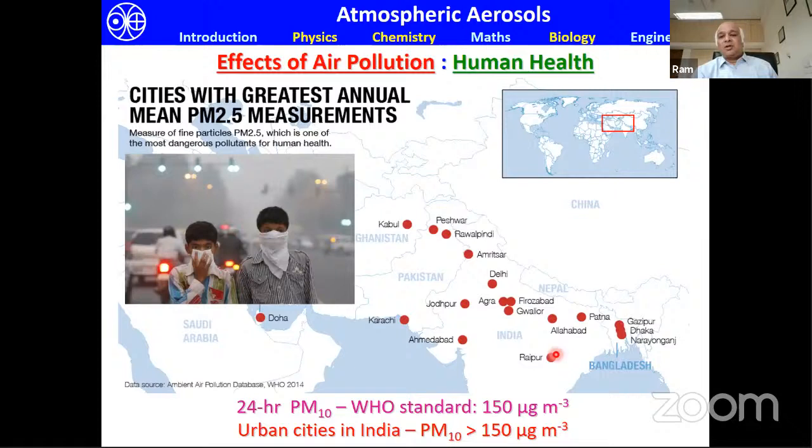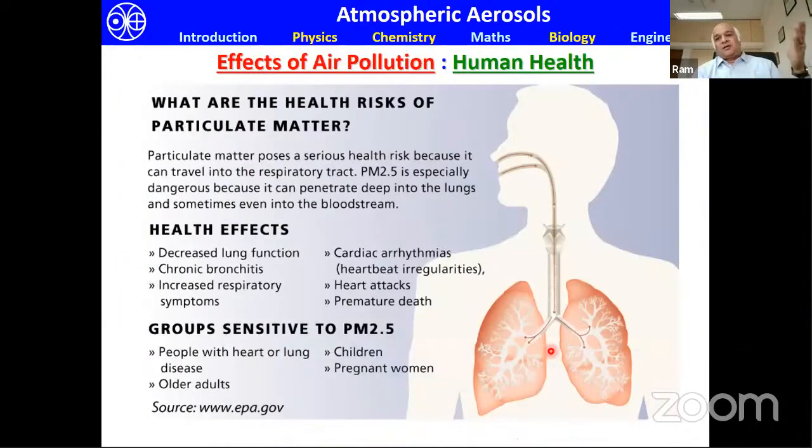So almost all the major metropolitan cities have aerosol concentrations that are higher than the allowed limits because of the various activities present over the region, and also due to the transport of the species depending on the dynamics, atmospheric winds, etc. So what all can happen? Health effects can range from decreased lung function to heart attacks, premature death, and almost everybody under the sun will get affected because of the pollution.